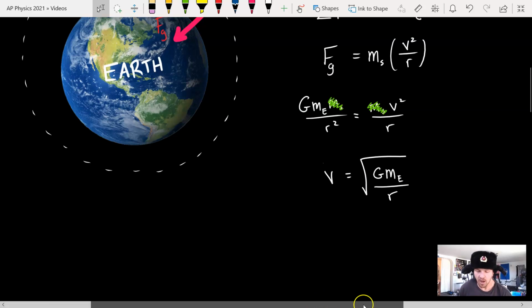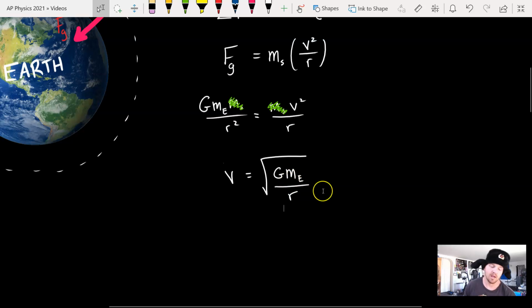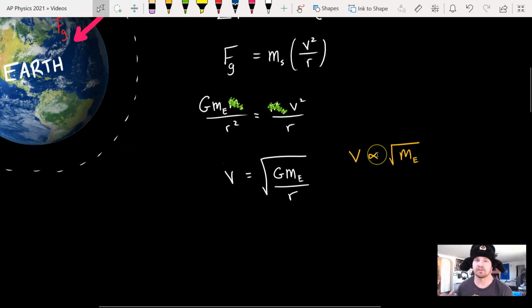So there's a couple really important pieces that we can figure out by looking at this, right? This tells me that the orbital speed is proportional to the square root of the mass of the planet. So I'll put E for Earth. In this case, it's Earth. It could be any planet.